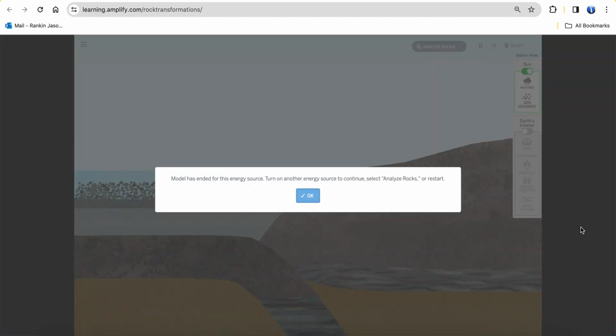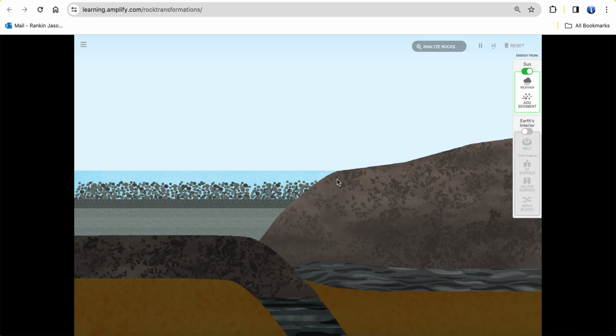All right. So the model has ended for this energy source. Turn on another source to continue and select Analyze Rocks to restart. Okay. So let's go with Earth's interior.